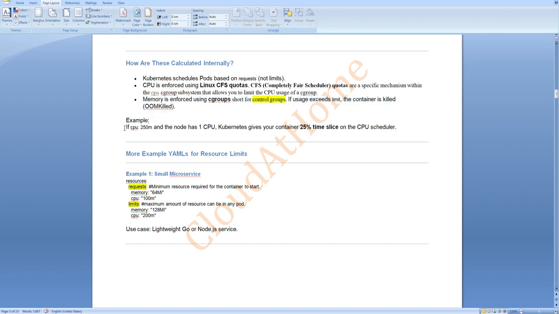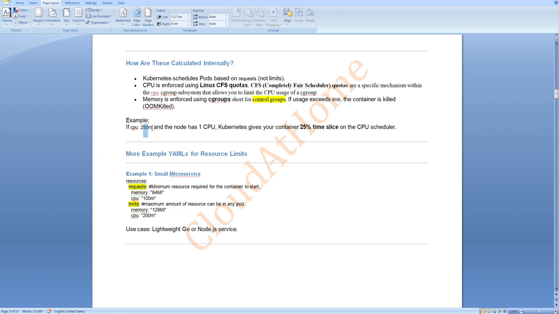Okay, example-wise, if a container has 250 millicores and the node has one CPU, Kubernetes will give your container a 25% slice of the CPU scheduler. Who is the CPU scheduler? It is the CFS quota, the Completely Fair Scheduler.